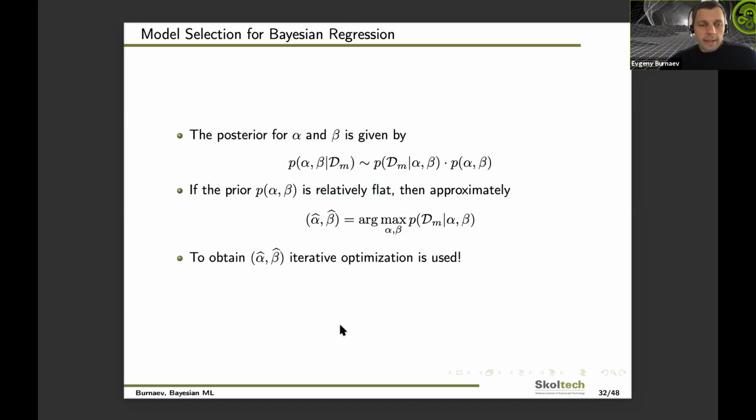In order to solve this optimization problem, there exists a special iterative optimization algorithm. We will discuss this algorithm later and also in the seminar. And now let me briefly explain how we can estimate this function. This is the likelihood of the data given alpha and beta.